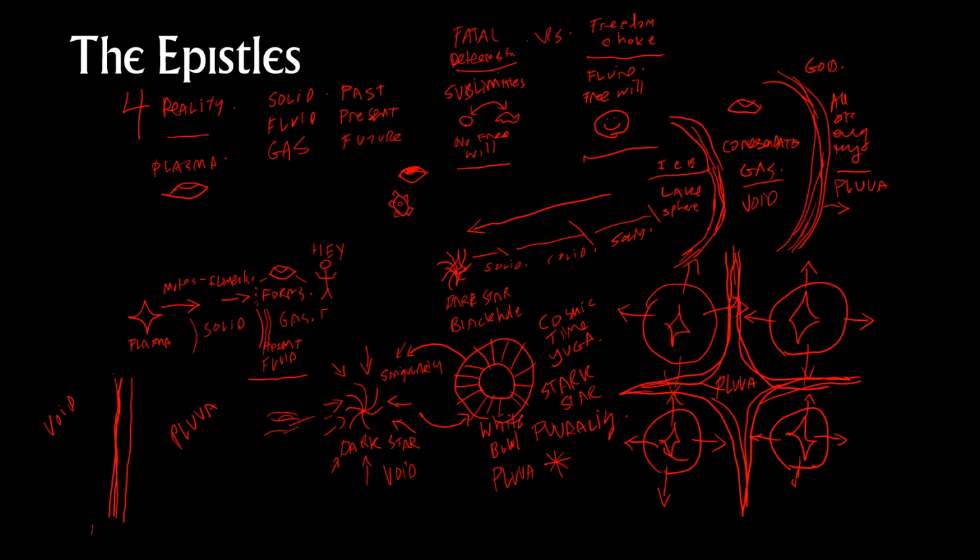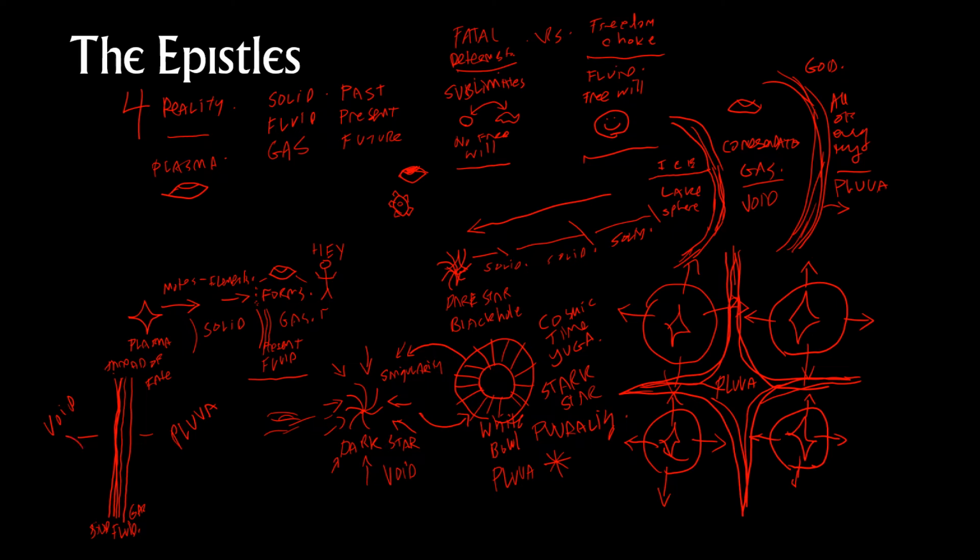So behind you, you've got the solid. If you believe that you have free will, whatever you believe, you have your fluid layer, and then you have your gas, and it's just a strand of reality, like a thread of fate almost, that is being woven between the void and Pluva.